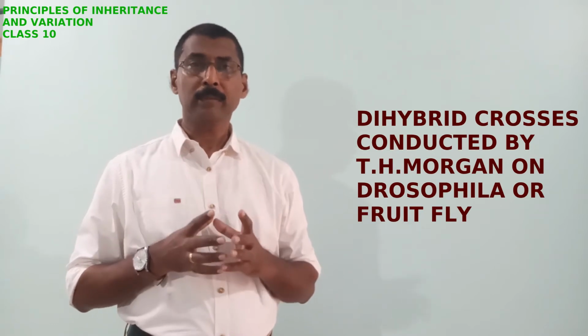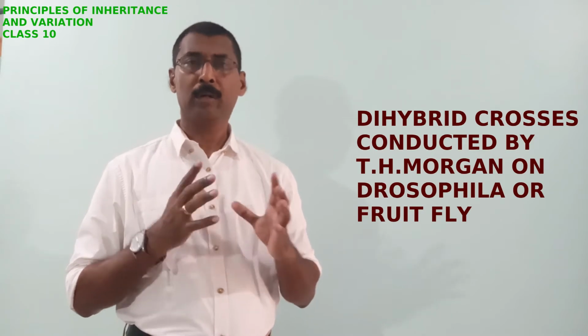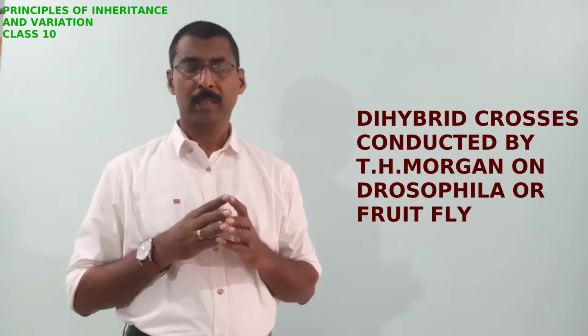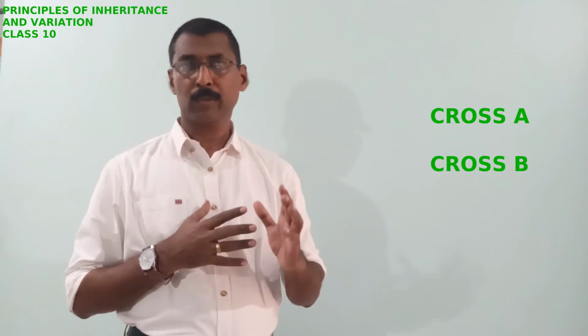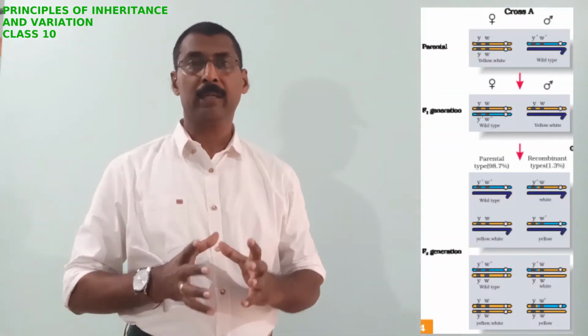So we have to study two crosses conducted by T.H. Morgan on Drosophila, cross A and cross B. In the last class we have seen cross A.